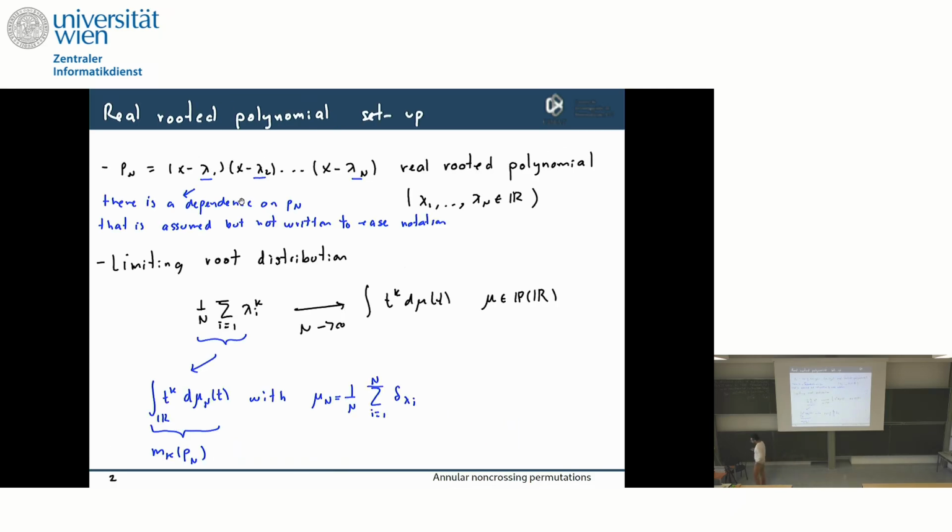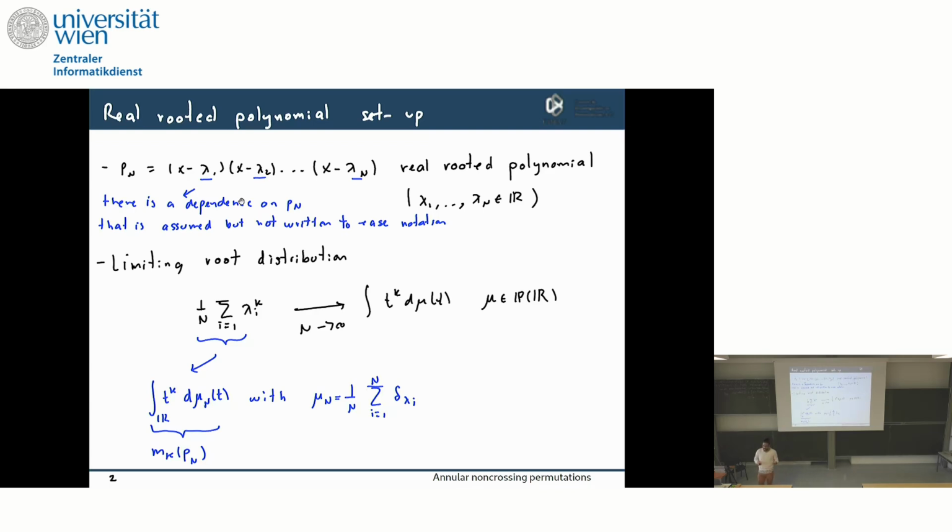Okay, another thing that is going to be related to annular non-crossing permutations is something that was referred to by Octavio, and this is real-rooted polynomials. In this case, we just have a real-rooted polynomial of degree n, that's a monic polynomial. Here, I just put the roots of my polynomial. Of course, there is a dependence on n, but usually it is assumed, so I will not write that dependence.